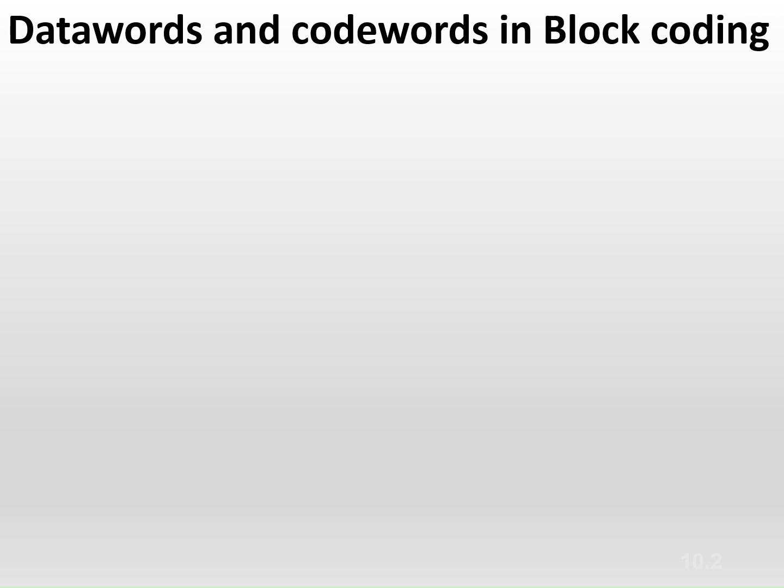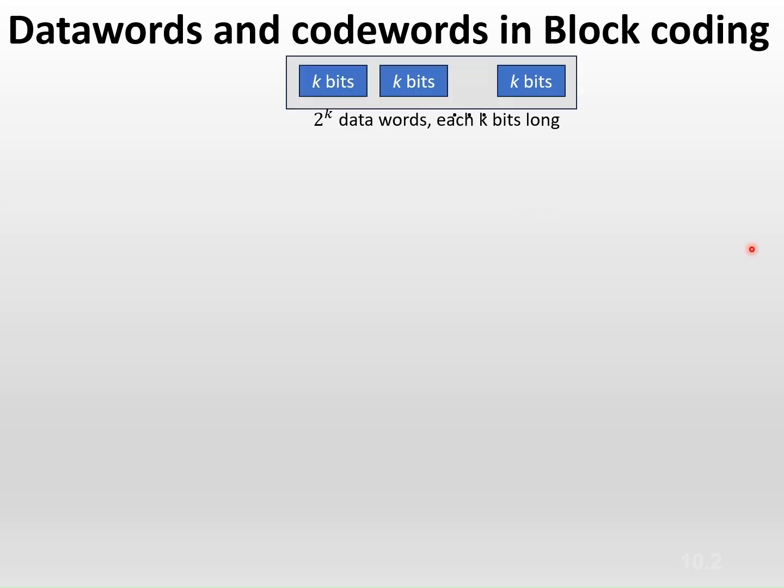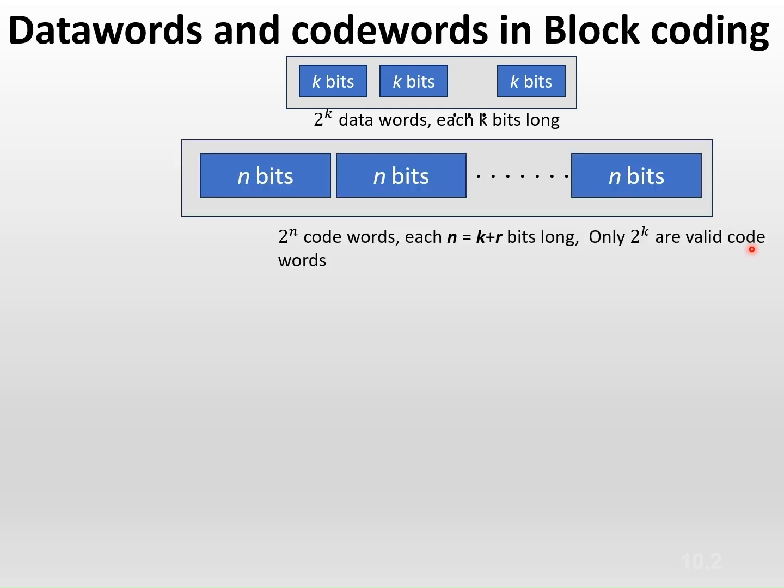Let's see how the code words are generated in more detail. So if there is a data word which is k bits long, with k bits there can be 2 to the power k data words, right? And each data word will be k bits long. Now if r bits are added to those k bits, the code word's length will be k plus r, which we are calling n.